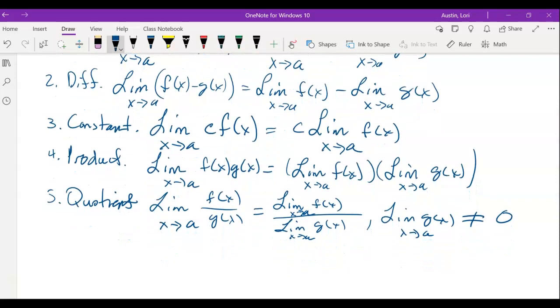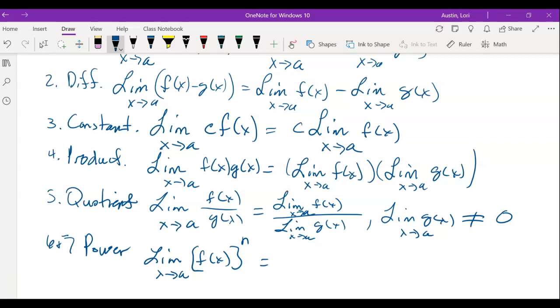And then, of course, powers and roots. The limit as x goes to a of some function raised to a higher power, you can actually evaluate the limit first, get that answer, and then raise it to the power.